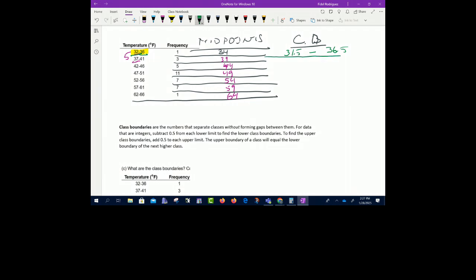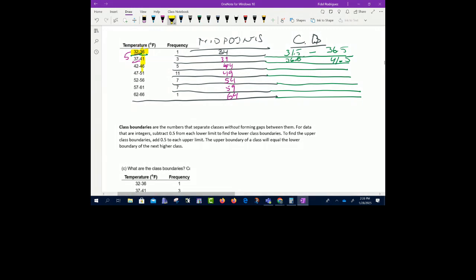My friends, remember the next ones, there's going to be overlap here, right? So look, let's see if we can do this. Wouldn't this one here be 36.5? And wouldn't this one here be 41.5? Because I'm just adding 0.5 to every one of those numbers right over here. I'm just adding 0.5 to them, right?